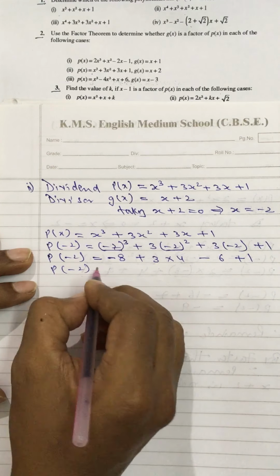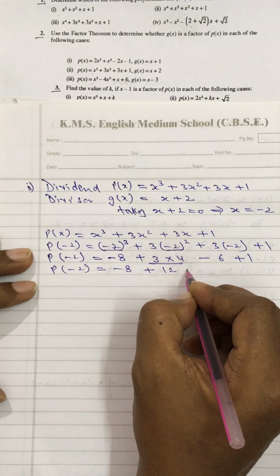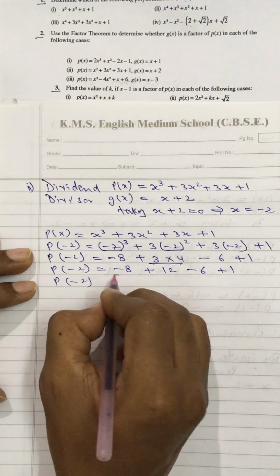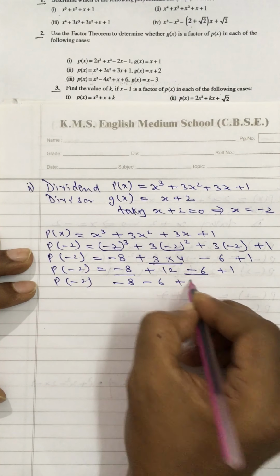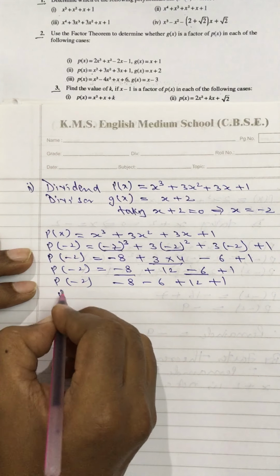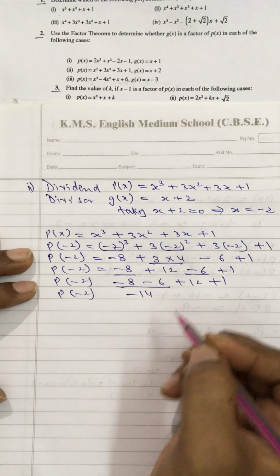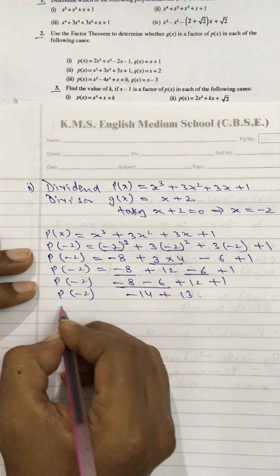P of minus 2 is equal to minus 8 plus 12 minus 6 plus 1. So minus 8 minus 6 I will bring together because they add up, 12 plus 1. Minus 8 minus 6 will give me minus 14, right? And plus 12 plus 1, 13.